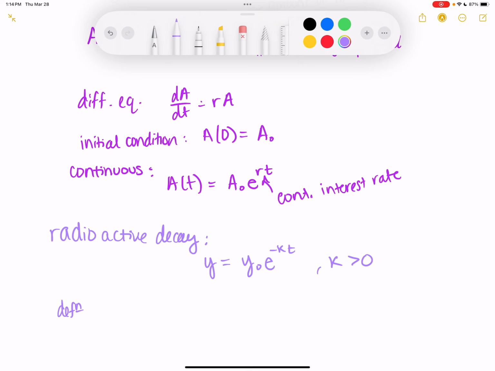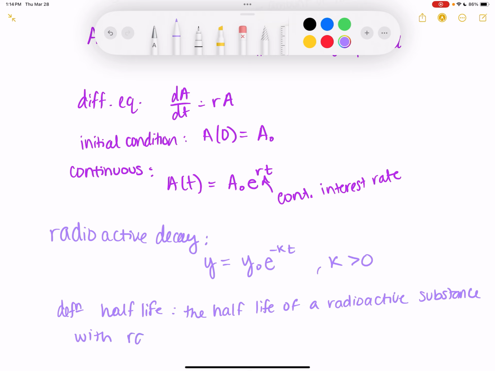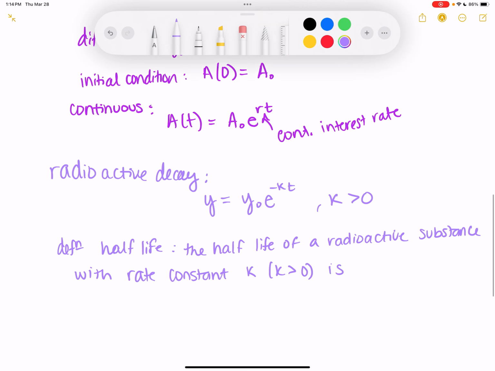So a definition of half-life: the half-life of a radioactive substance with rate constant k, meaning k is greater than 0, is half-life equal to the ln of 2 over k.